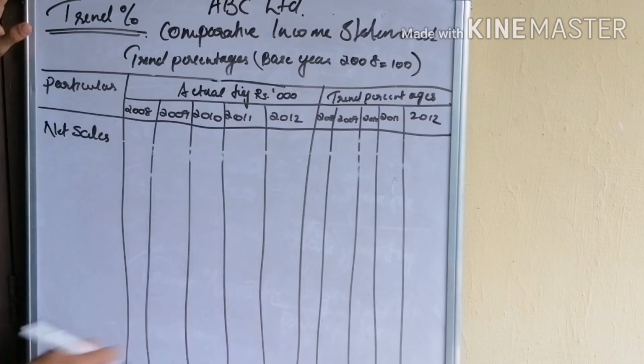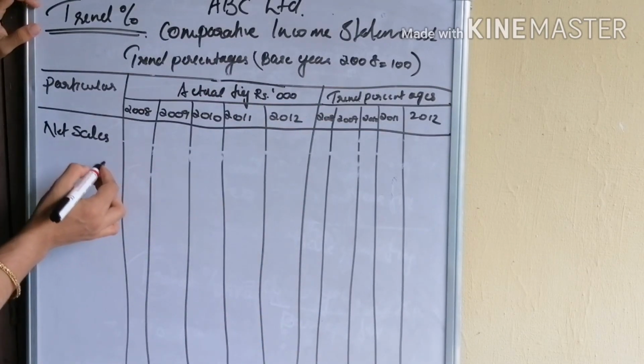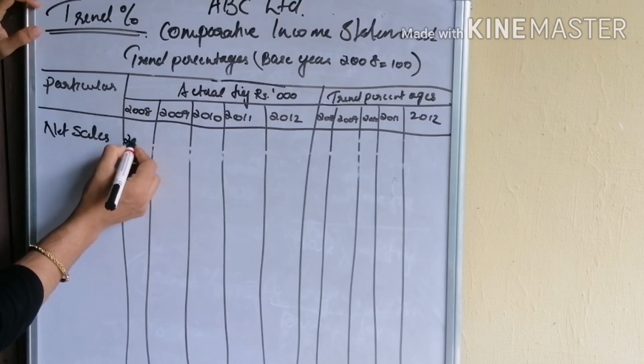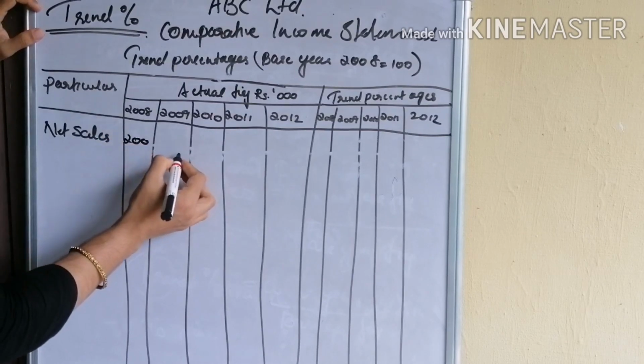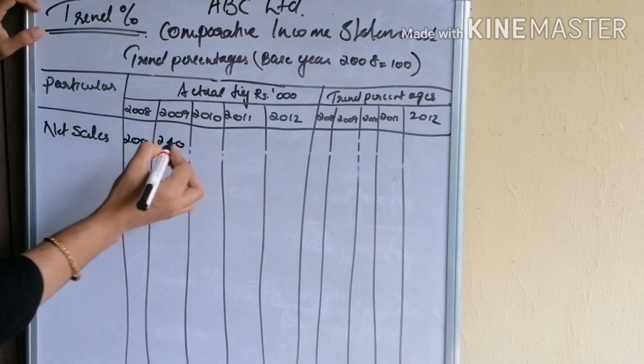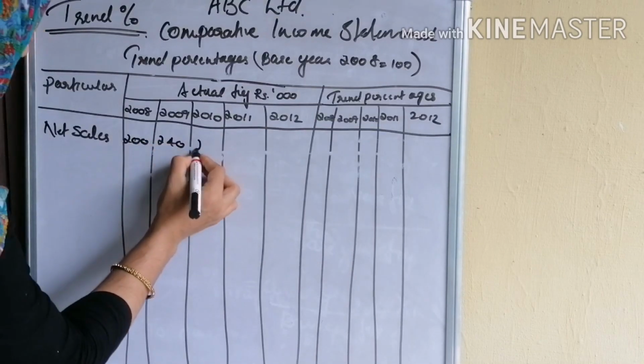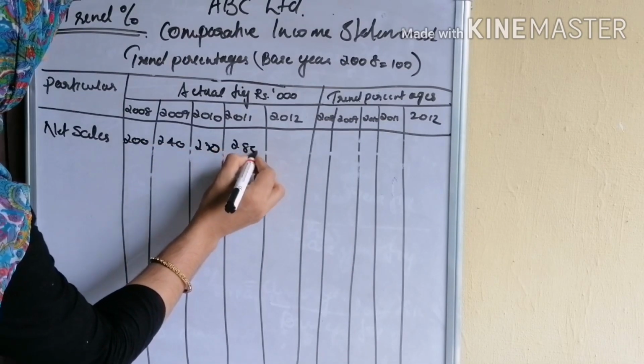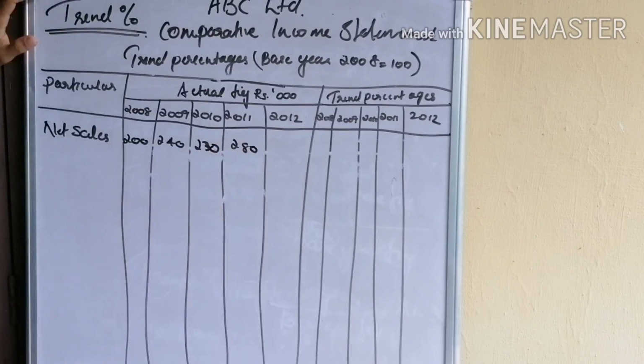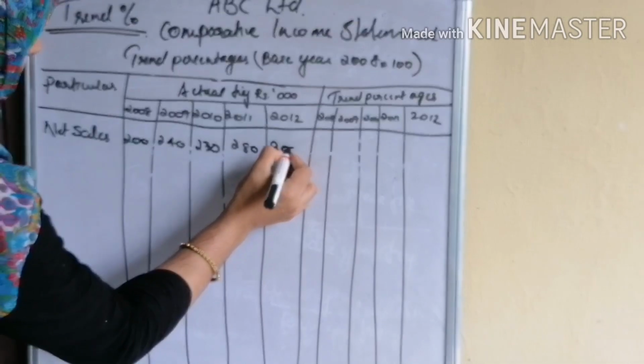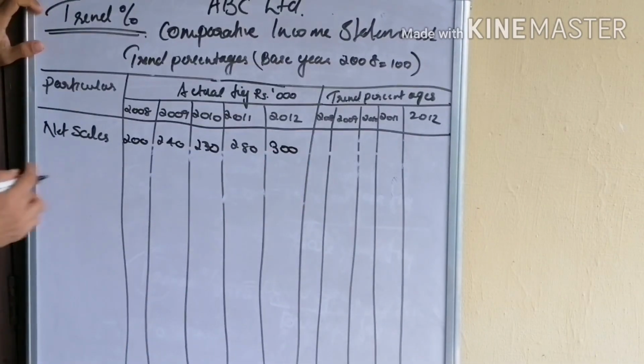The net sales are 200, then 240, 230, 280, and 300. This is the net sales as given in the question.